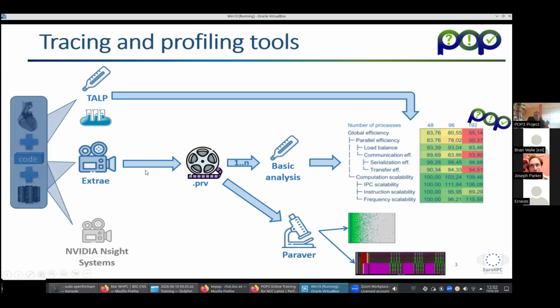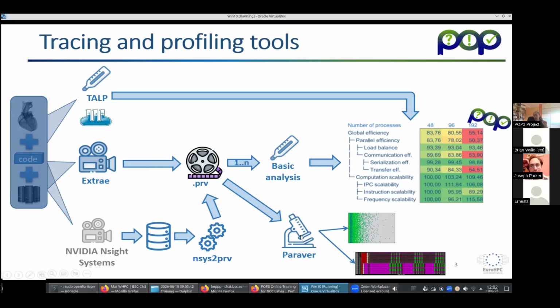Additionally, though I'm not going to present it today, for GPU executions we can obtain an NVIDIA Nsight Systems trace, and we have another tool called NCC to PRV that will translate this Nsight trace into a Paraver trace.